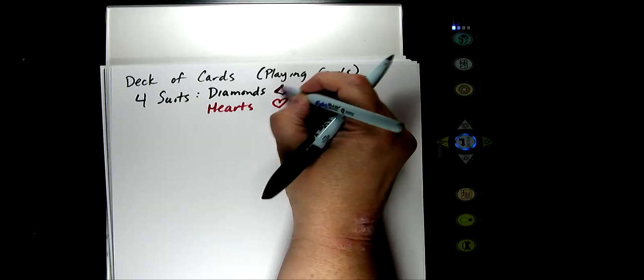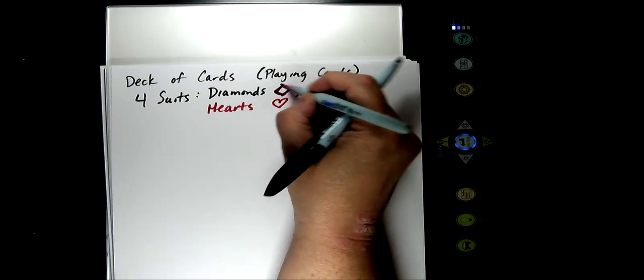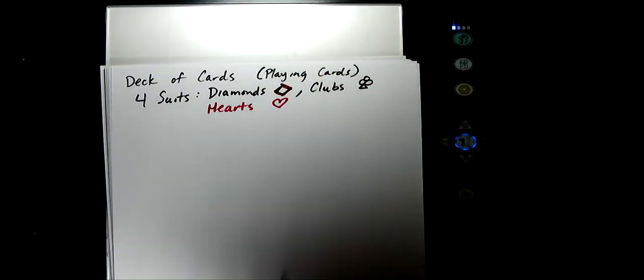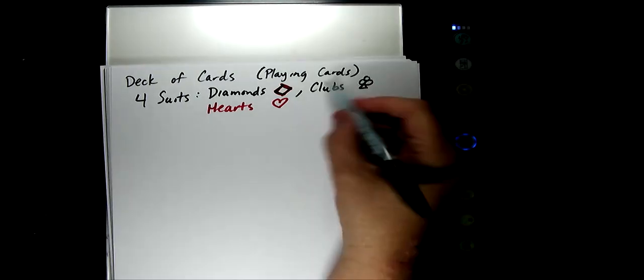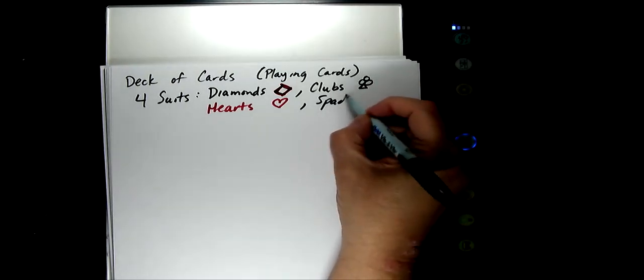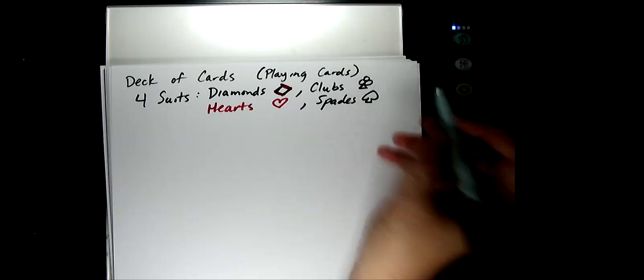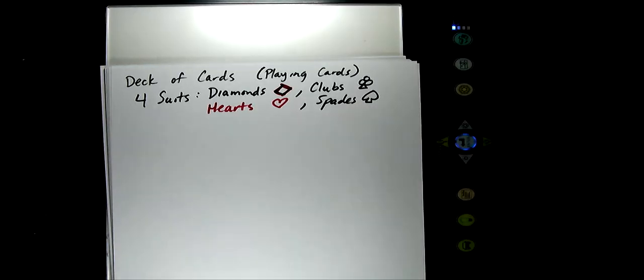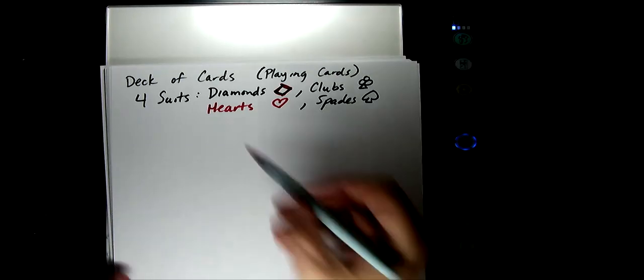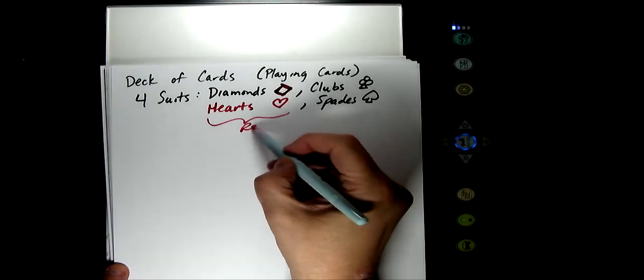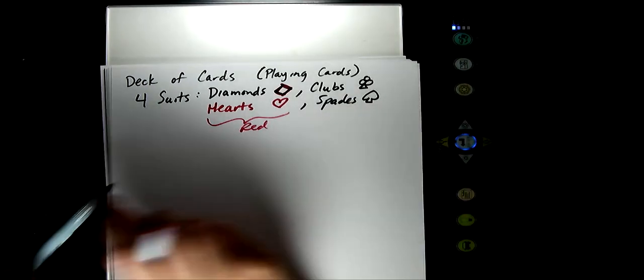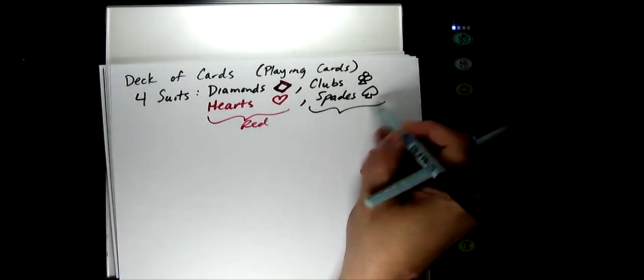I guess I should have made the diamond red because it's a red color. And we have spades. And that looks like an upside down heart with a stem on it. These 2 are both red, even though I drew diamonds in black. These 2 are both black in a standard regular deck.